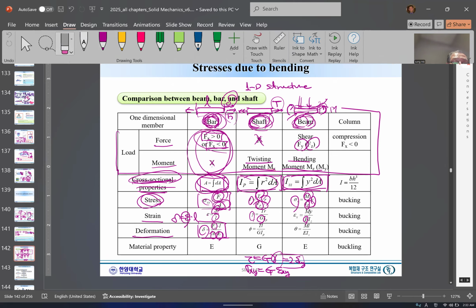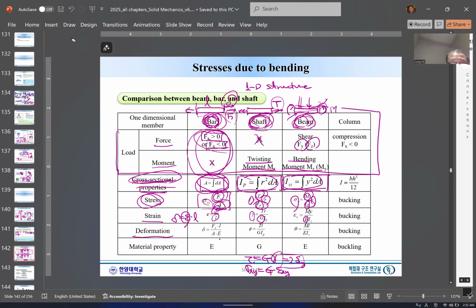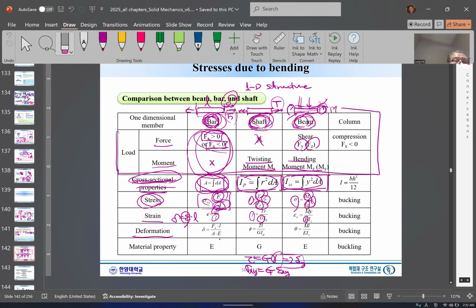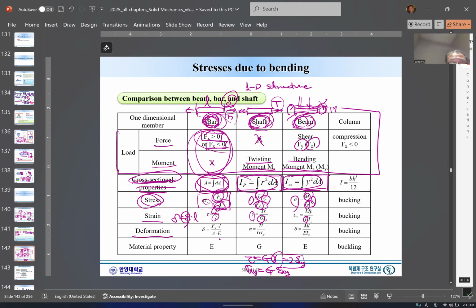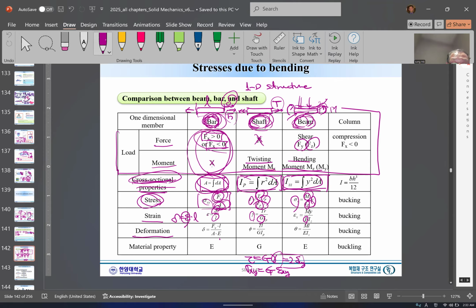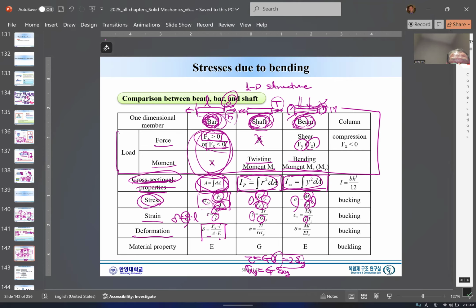We didn't cover this in this class since we are studying strength of materials 2, or solid mechanics 2. So for delta, it is very well known that we have a force, length, cross-section, and Young's material property.